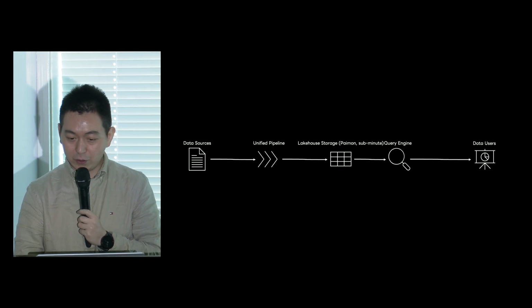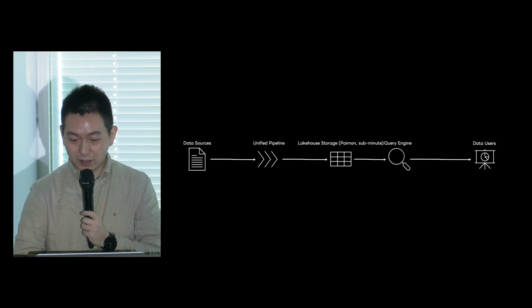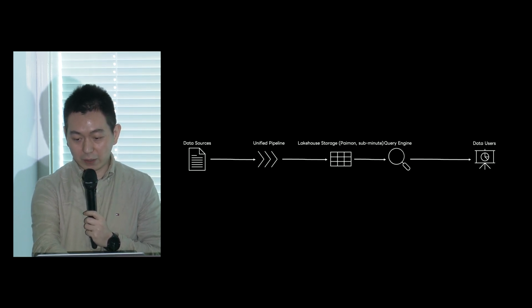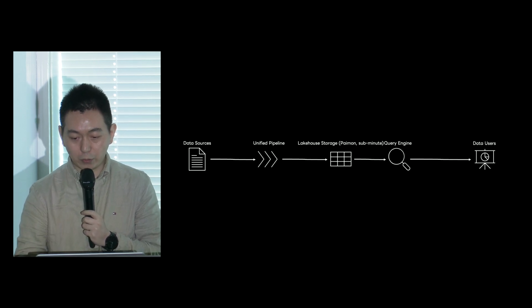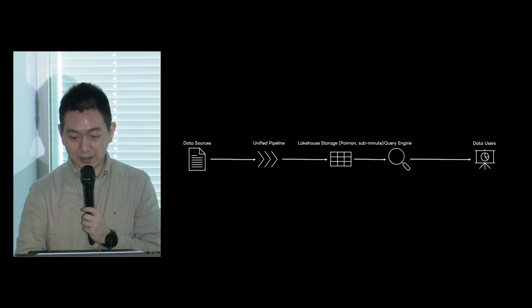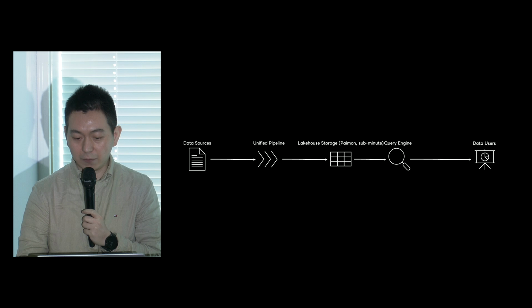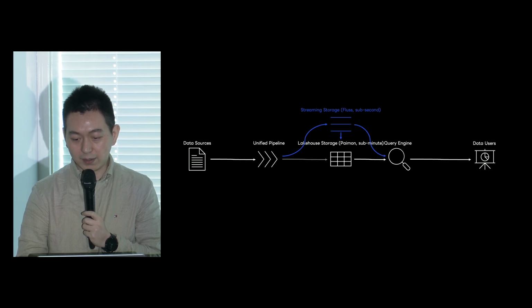First, let's have a look at the near real-time pipeline we talked about earlier. We replaced the streaming storage Kafka with Lakehouse storage Paimon to achieve better query performance at the expense of sub-minute latency. What if there was a streaming storage with much better query performance than Kafka? Well, there is.